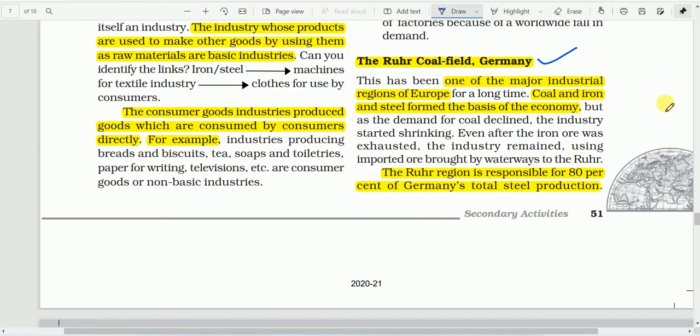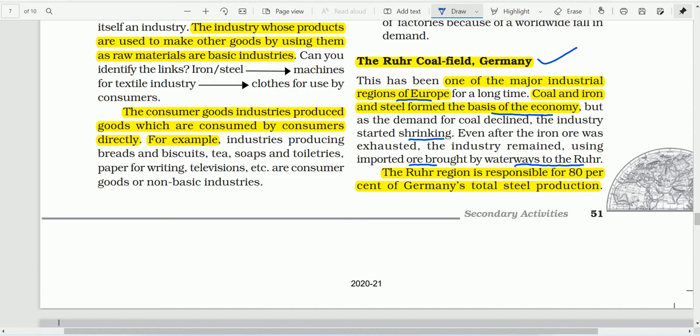This has been one of the major industrial regions of Europe for a long time. Coal and iron still form the basis of the economy in the Ruhr region. But as the demand for coal declined, the industry started shrinking. Even after the iron ore was exhausted, the industry remained, using imported ore brought by waterways to the Ruhr region.